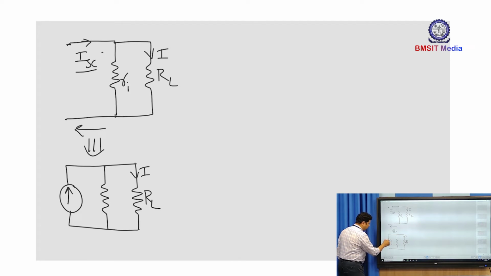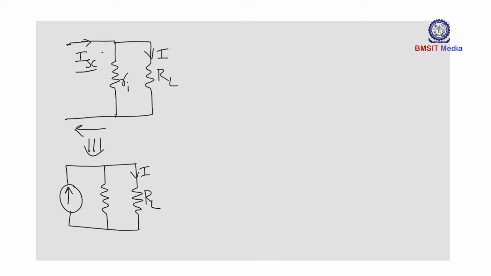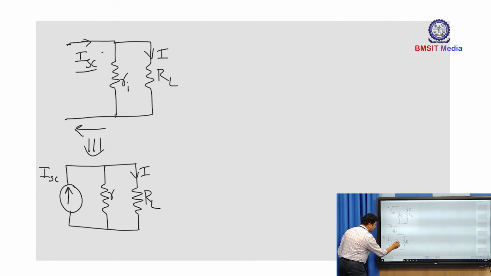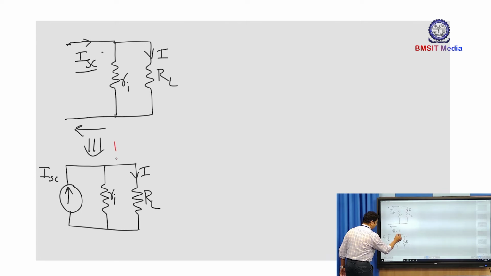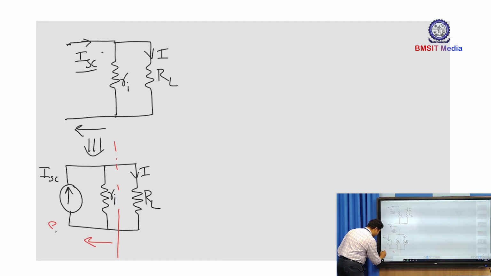Now, the source value I will assign to this current source to be ISC, and this is the resistance Ri. If I want to visualize this circuit with a source and a load, the part of the circuit left of the load forms the source and this forms the load.